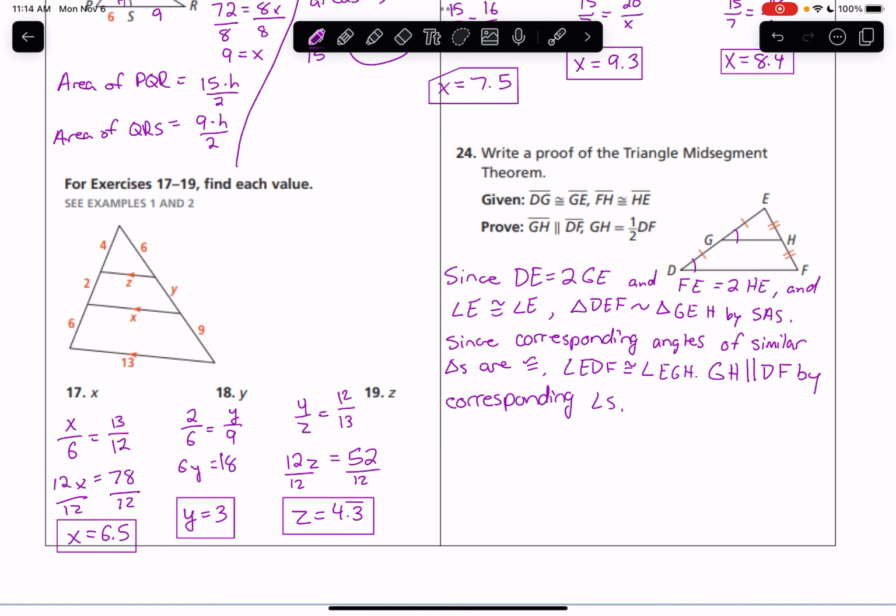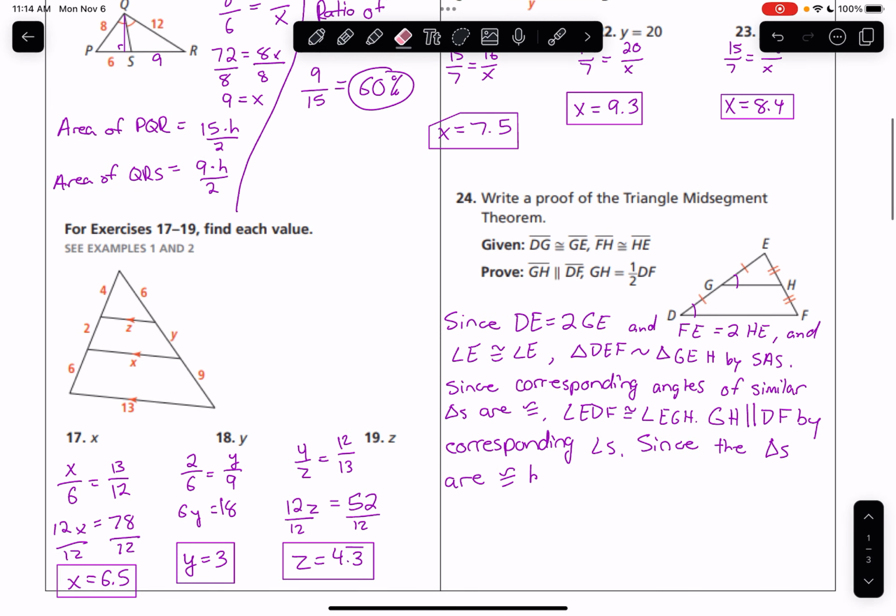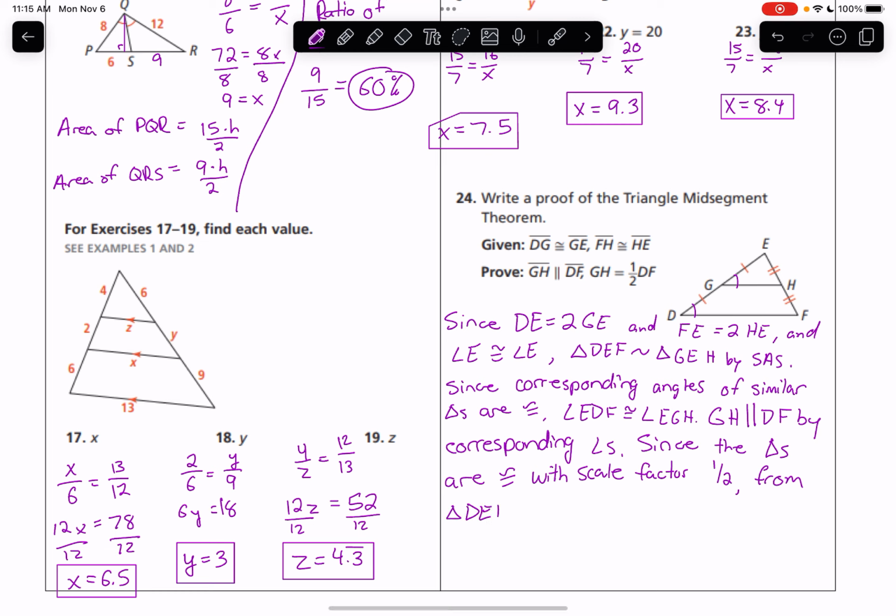So we can say, since the triangles are similar with scale factor 1/2, from, I guess we should say, which triangle to which triangle, from triangle DEF to triangle GEH, then we know that GH is equal to 1/2 of DF, and we've proven both parts of our triangle midsegment theorem.